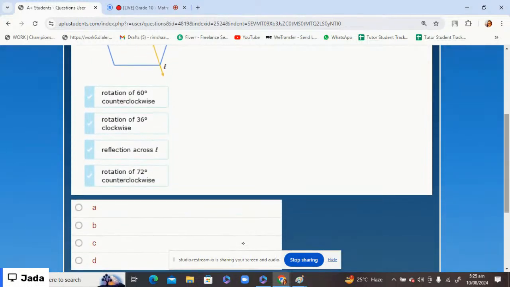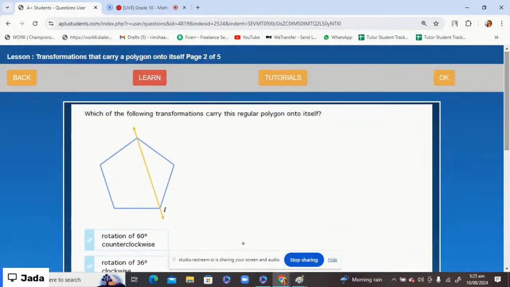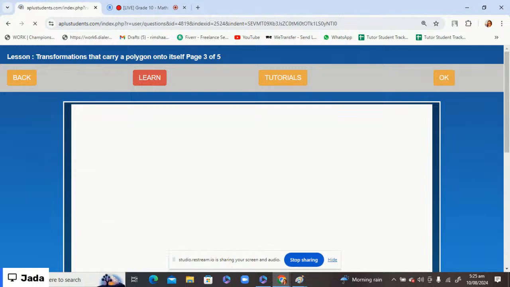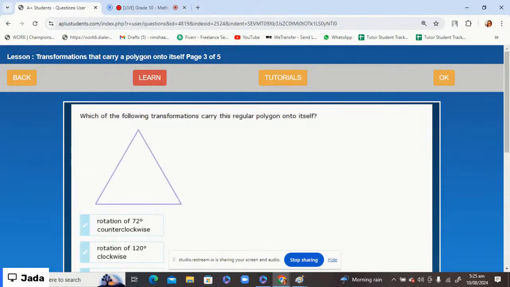Rotation of 72 degrees counterclockwise. So how much is it? 72 degrees. So it means it's option D. Yes, this is the right answer.